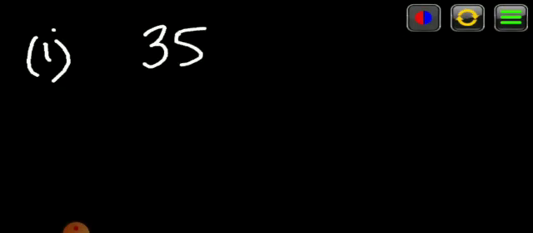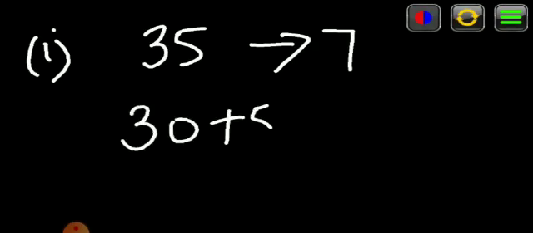The last part of the question is I. They are saying if a number exactly divides the sum of two numbers, it must divide the numbers separately also. Suppose we take the number 35. 35 can be written as a sum of two numbers in so many ways, and 7 divides 35. Now if you write 35 as a sum of two numbers, it can be 30 plus 5, right?